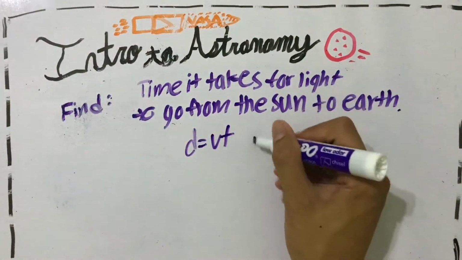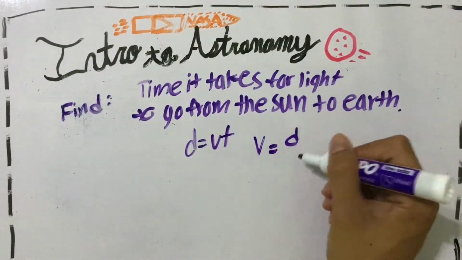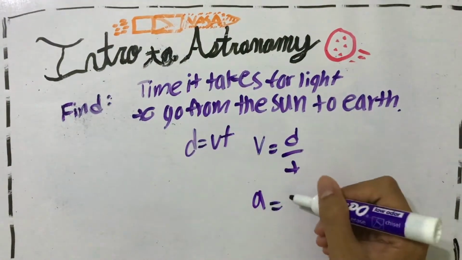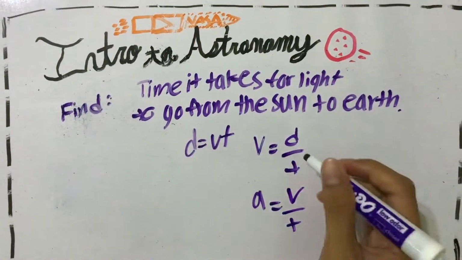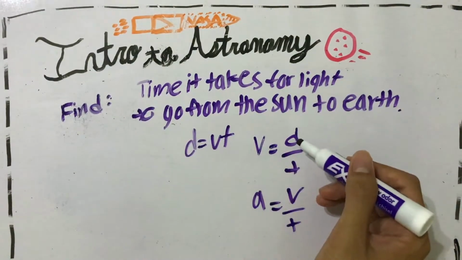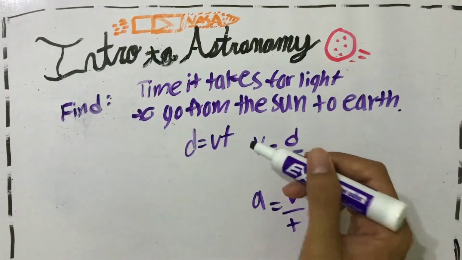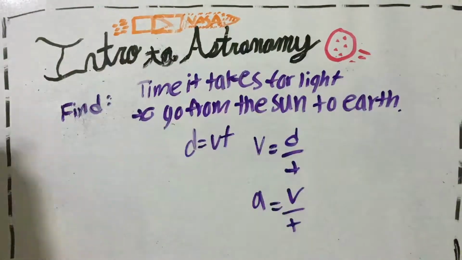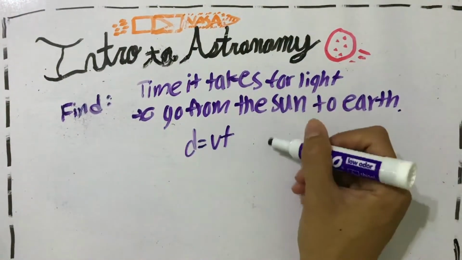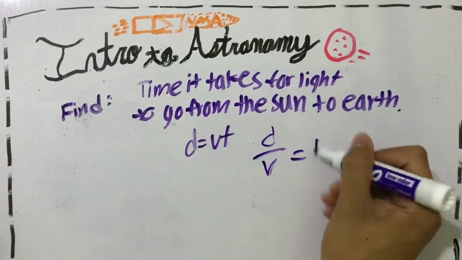We know that velocity equals the distance over time, and acceleration equals the velocity over time through simple calculus. And so since we can use algebra to make it vt equals d, we can solve for t by dividing by v. So d over v equals t.